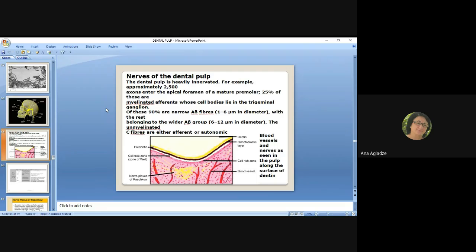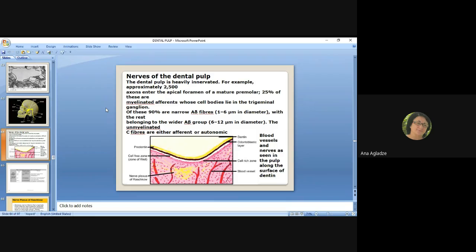They possess a myelin sheath, but by the time they reach the coronal pulp, they lose this myelin sheath.